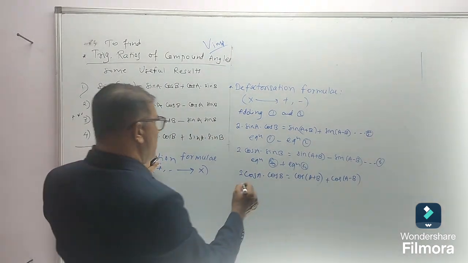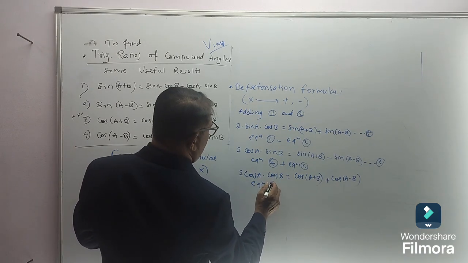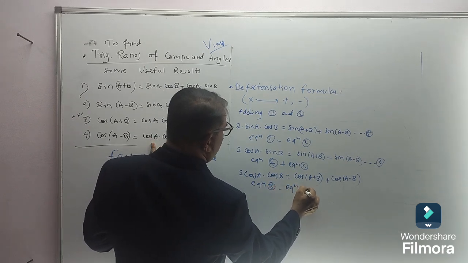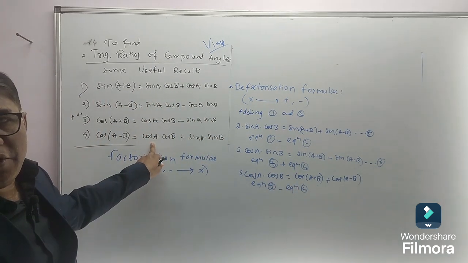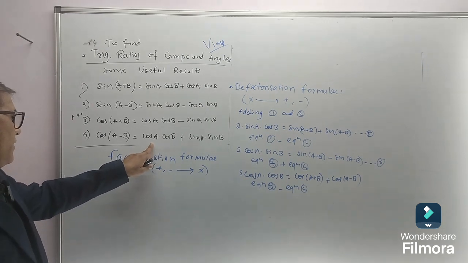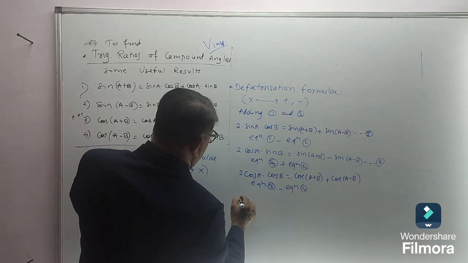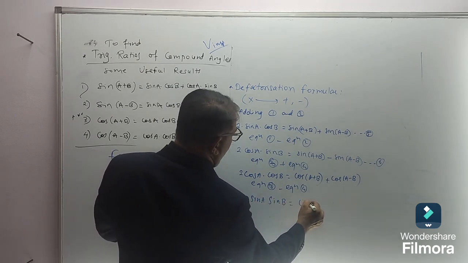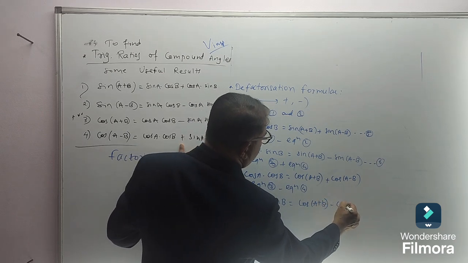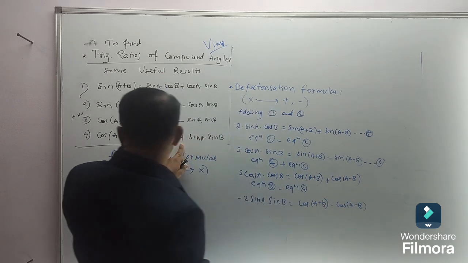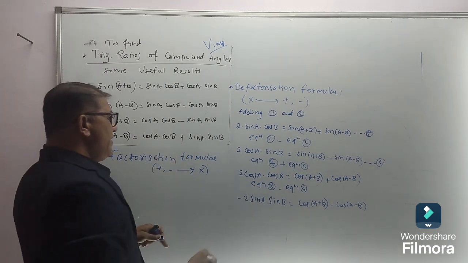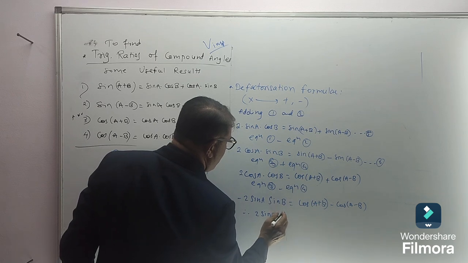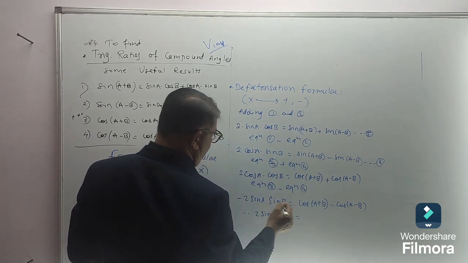And similarly, if we subtract equation 4 from equation 3, what are you getting now? I got here minus 2 sin A sin B is equal to cos of A plus B minus cos of A minus B. And it also can be written as 2 sin A sin B by multiplying minus 1.